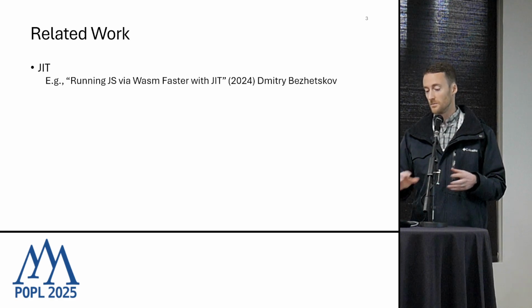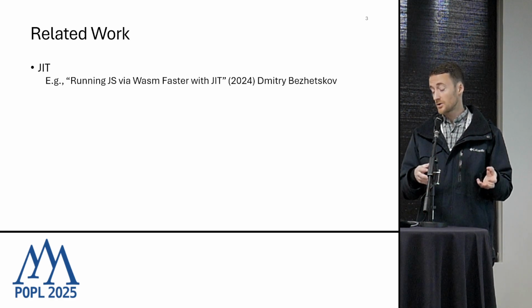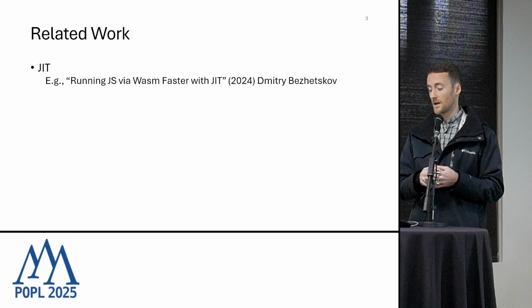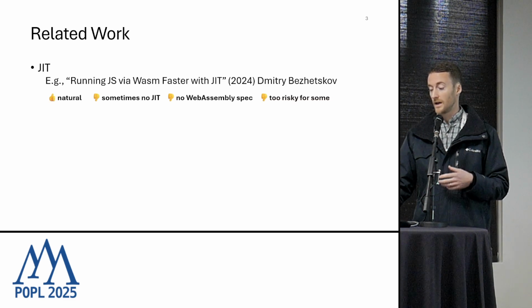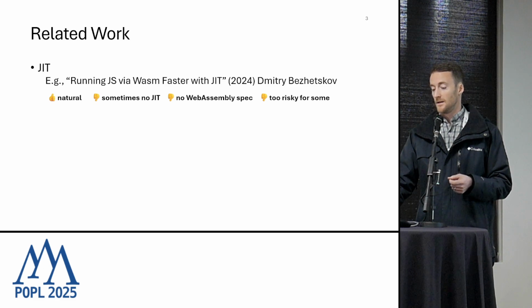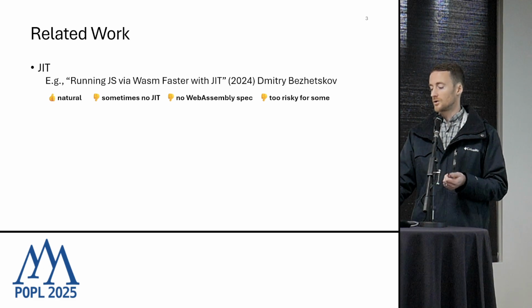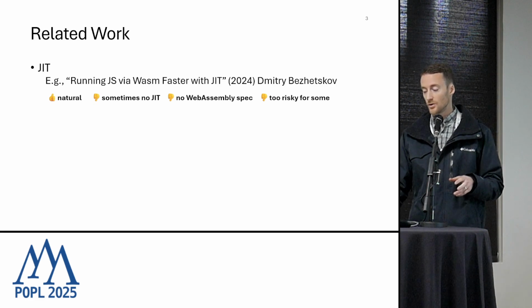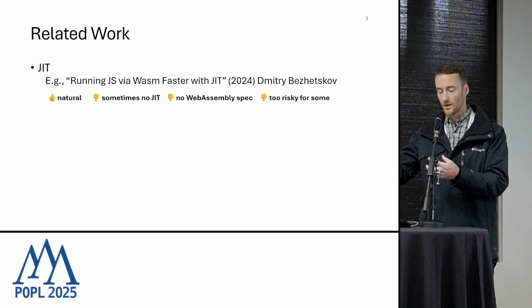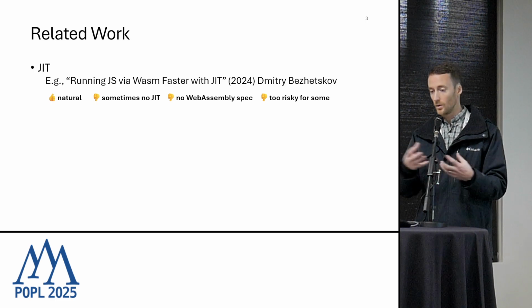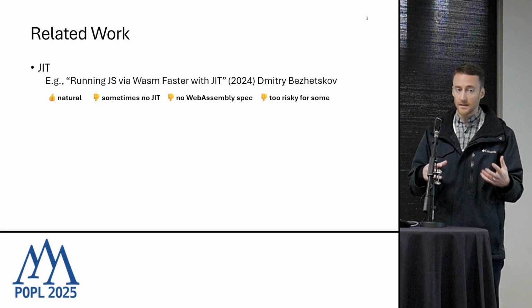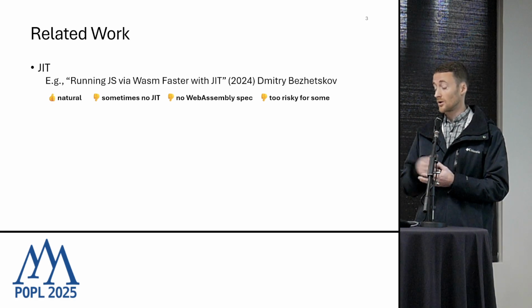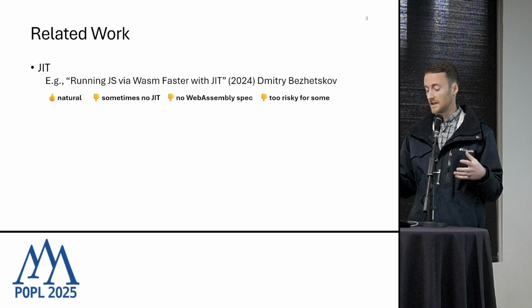Dimitri from Megalia demonstrated this approach last year at WASM.io, and this is a very natural, common sense approach, but not all interpreters have a JIT. The WebAssembly spec has no standard way to patch JIT compiled code into an instance. And as Chris mentioned earlier, this approach is too risky for some hosts.